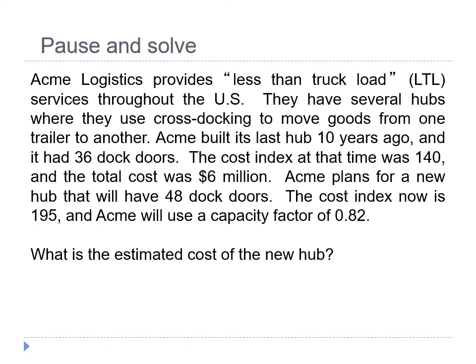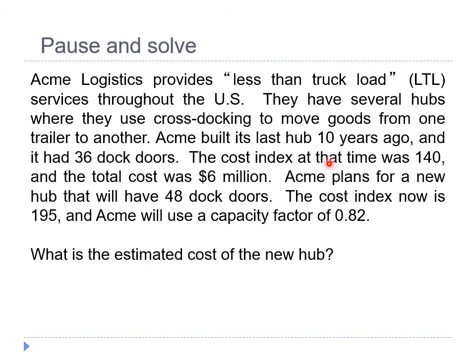This is another pause and solve question. Acme Logistics provides less than truckload or LTL services throughout the US. They have several hubs where they use cross-docking to move goods from one trailer to another. Acme built its last hub 10 years ago and it had 36 dock doors.